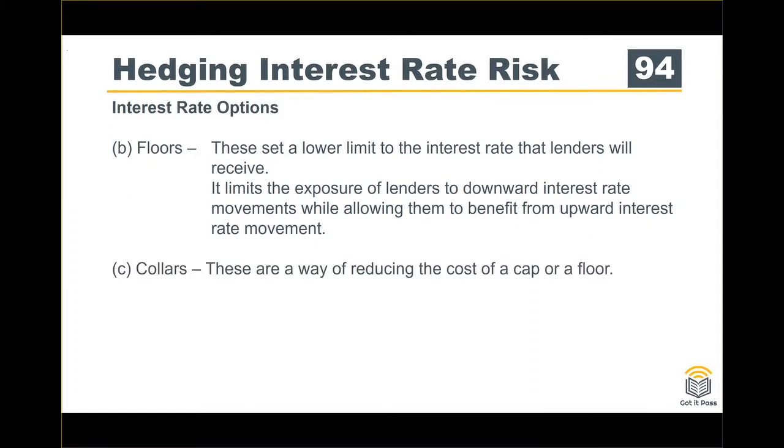For collars, it's a bit complicated. For collars, if you are the borrower, it means you buy a cap. Buying a cap means you limit your interest payment, or you limit your interest rate level, say 5%.